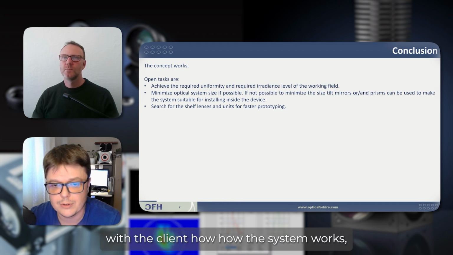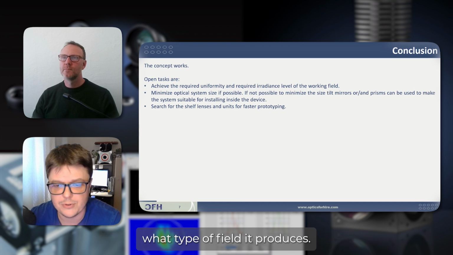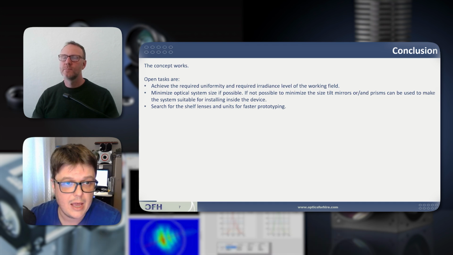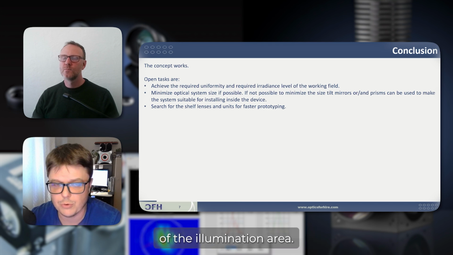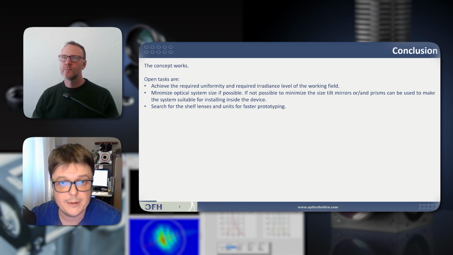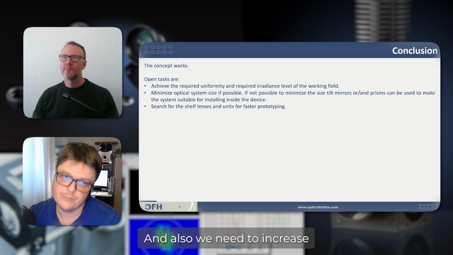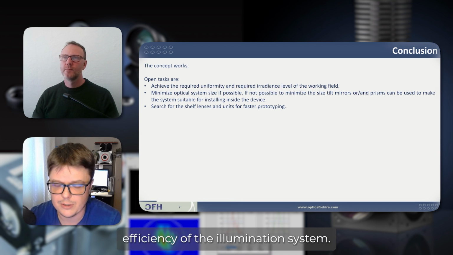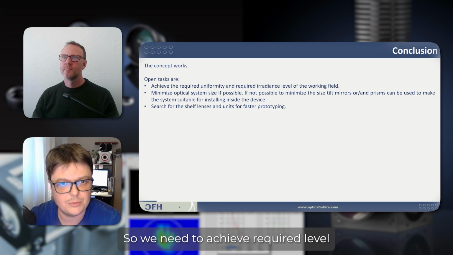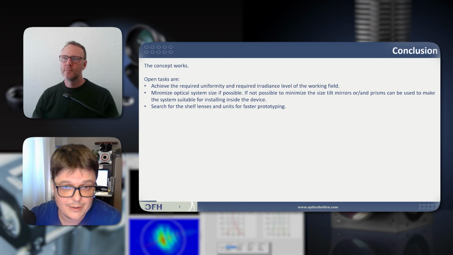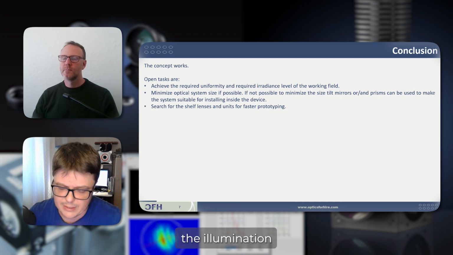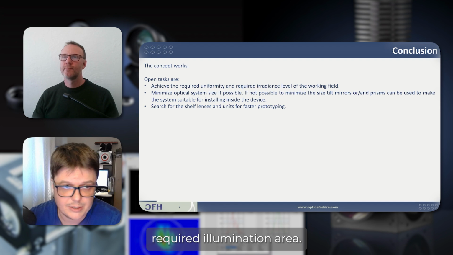So we showed the client how the system works, what type of field it produces, and of course the next step is to achieve the required uniformity of the illumination area. And also we need to increase the efficiency of the illumination system, so we need to achieve the required level of brightness of the irradiance, and we need to fill the required illumination area.